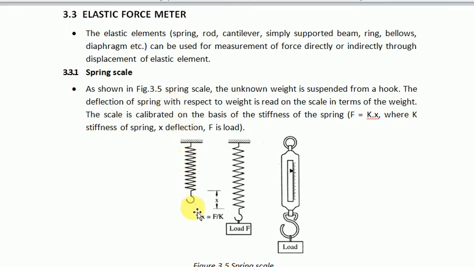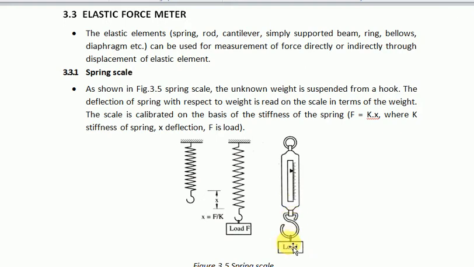Here you can see a scale is calibrated directly on this. Normally we take into consideration this domestic appliance, the spring loaded balancer, with the help of which we can measure the weight. On the scale the weight in kg is mentioned.